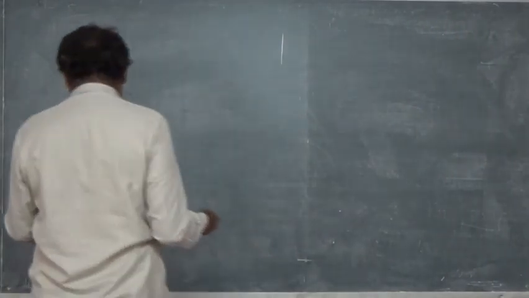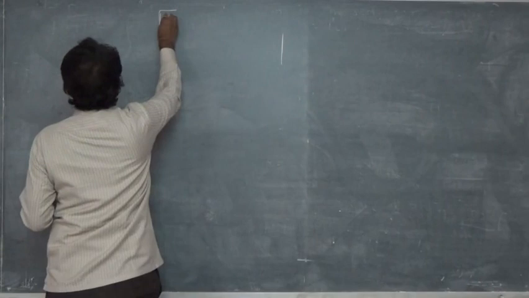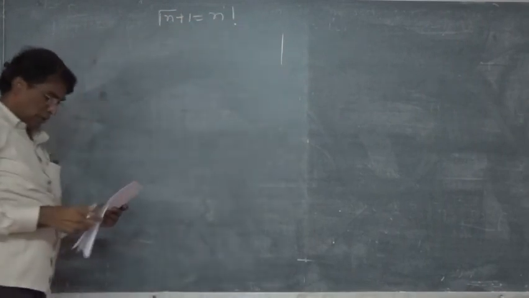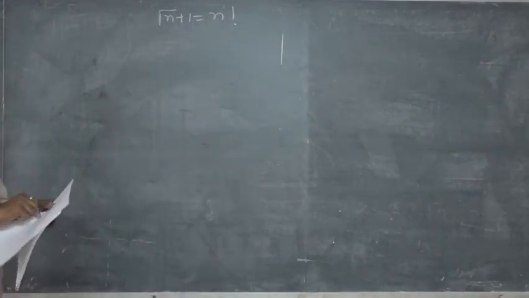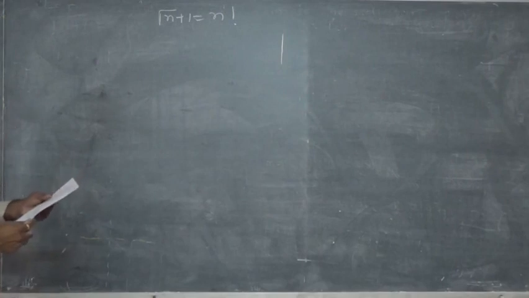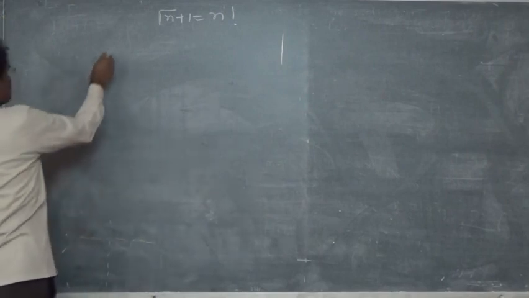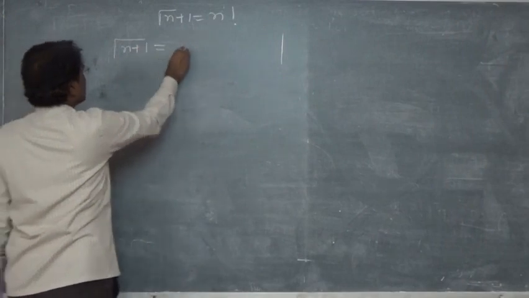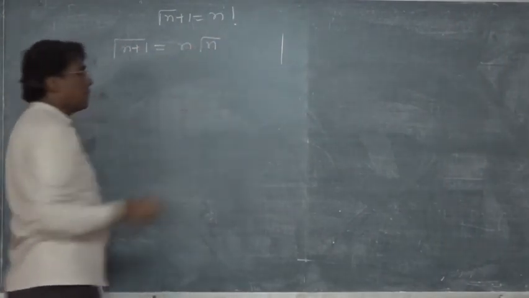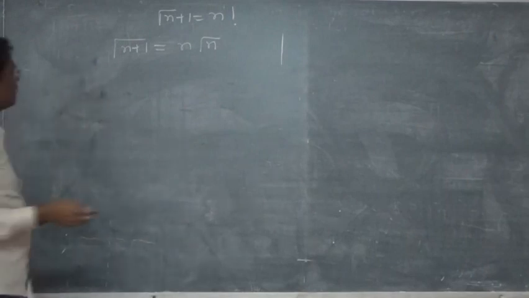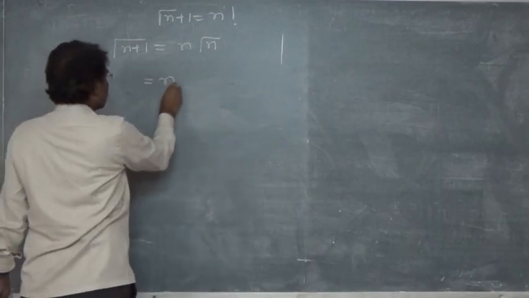The third derivation you have to prove is gamma n plus 1 is equal to n factorial. We just proved that gamma n plus 1 is equal to n gamma n, isn't it? Here, n as it is I will keep.